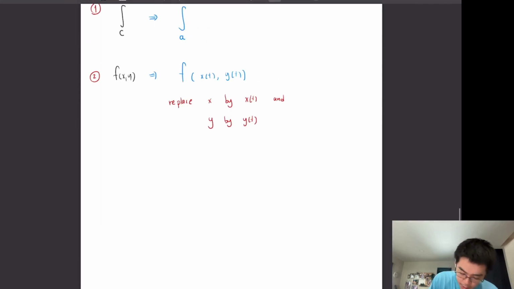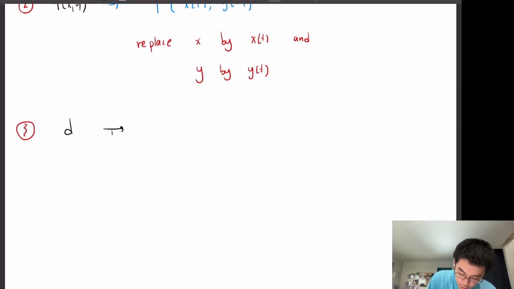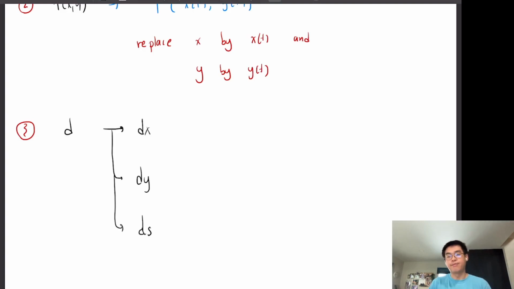All right? And last but not least, number 3, the d. The d has 3 cases, right? So we have either dx, dy, or ds. The way I remember this is when you see d, it's like differentiation, or d is diff, right? If you see d, you diff, right?